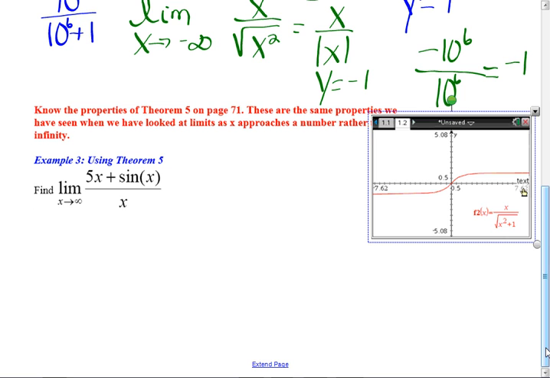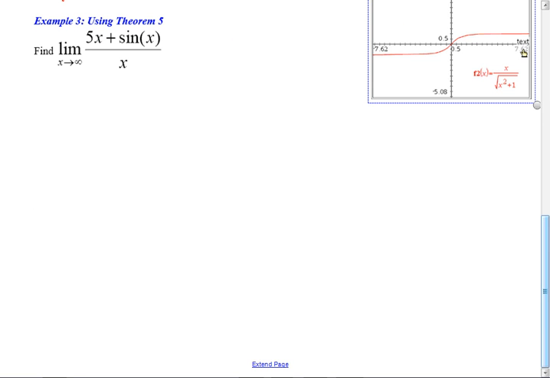Okay, now in your book, there is a theorem 5, and all it's saying is the main limit theorem applies to these kind of limits too. You can distribute the limit through that. Now, we're going to read this carefully, though. I've already seen the errors that I know are going to happen. You know what I'm going to do first? Because this says divide, I'm going to divide that.